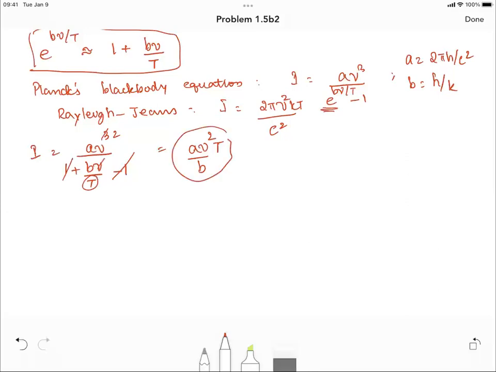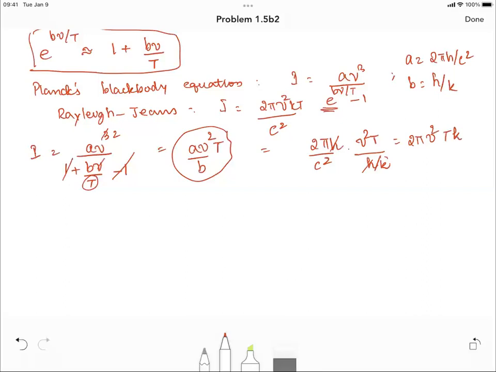So we end up with this particular term. Now we have A and B, but we don't have the Rayleigh-Jeans equation in terms of A's and B's. So let's substitute the values of the constants A and B. That would be 2 pi h by c squared times nu squared t divided by h over k. The h and h cancel out, so I can write it as 2 pi nu square t.